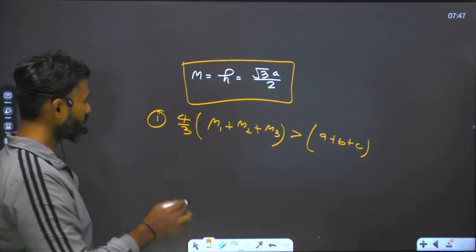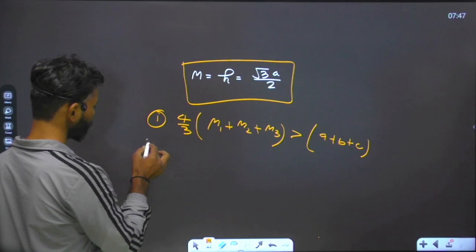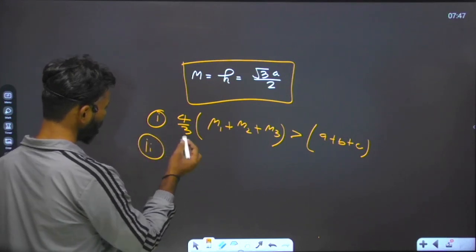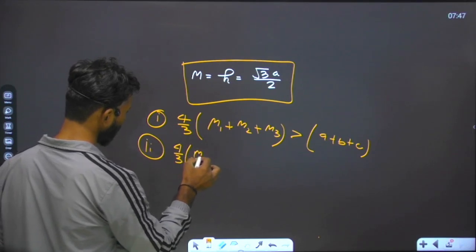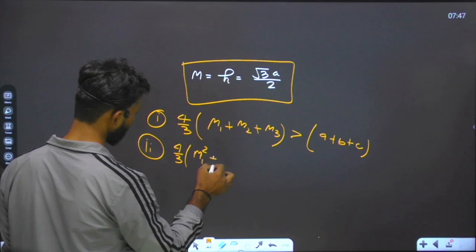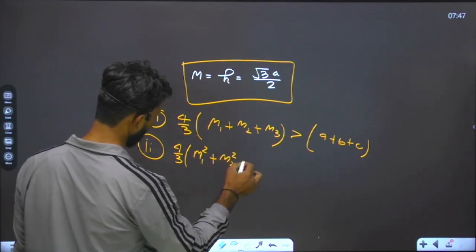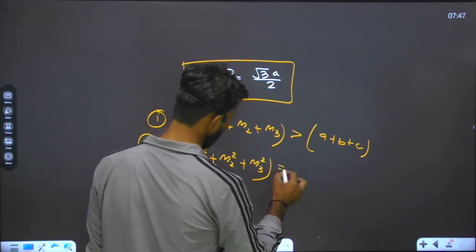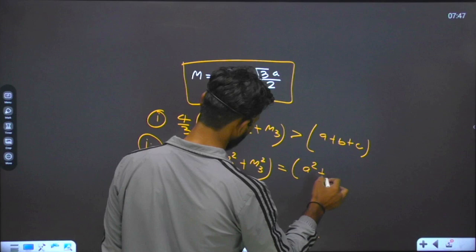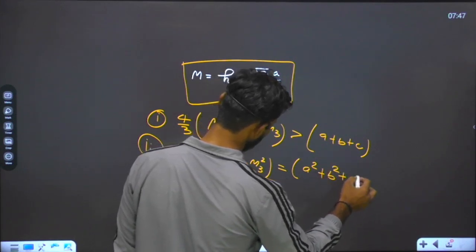But the second concept says that if you write it like 4 by 3 times m1 square plus m2 square plus m3 square, then it will be equal to a square plus b square plus c square.